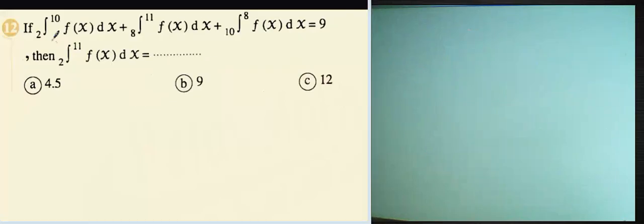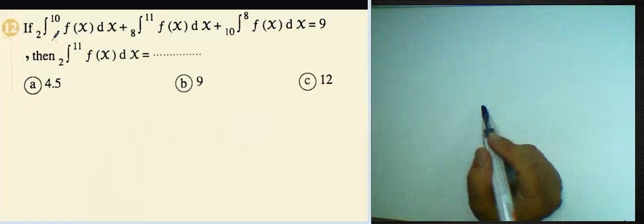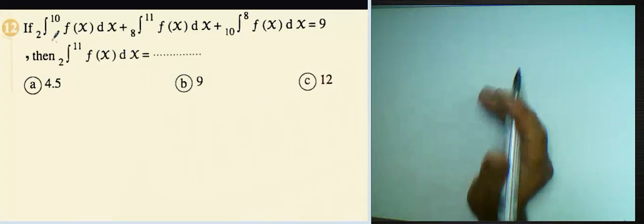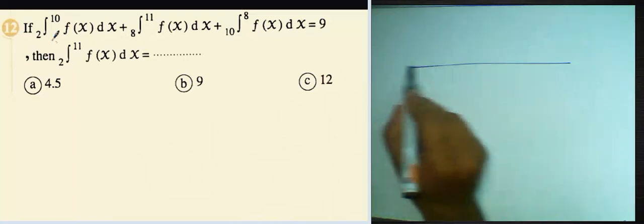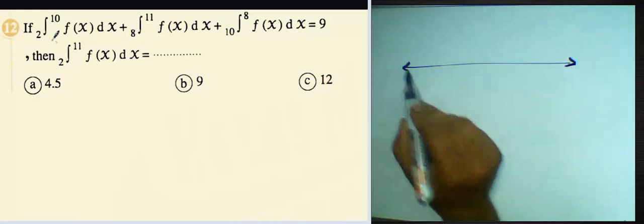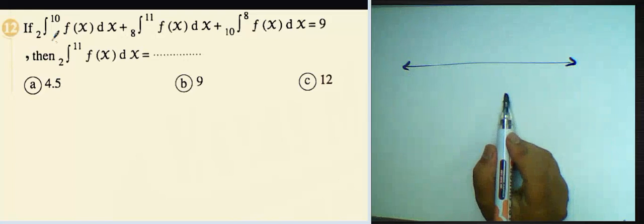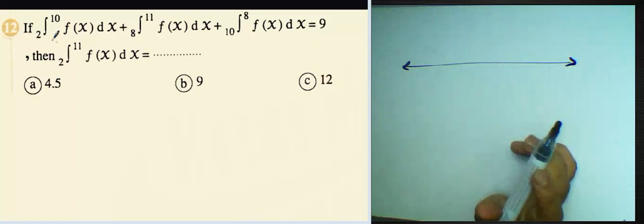Question 12. Integration from 2 to 10 plus from 8 to 11 plus 10 to 8 equals 9. Okay, I will replace the points on a straight line, arranging them from least to greatest.